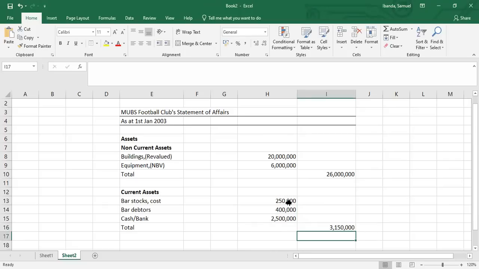So when you total up the 26 plus this, you get your total assets.